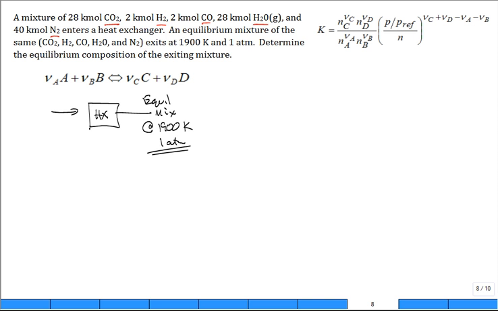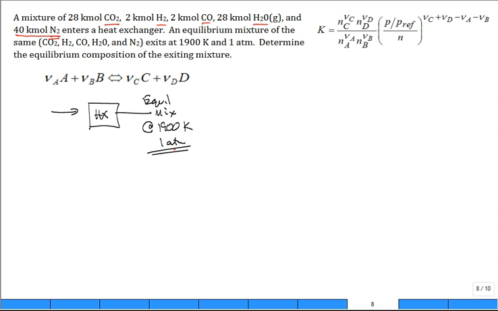So if you came in with 40 kilomoles of N2, how many kilomoles of N2 do you think you're going to get in the equilibrium mixture? 40. You could do 40 kilomoles per second, so it's more of a flow problem, but it's easier to get rid of the per second and just say it's 40 kilomoles of nitrogen in the equilibrium mixture.